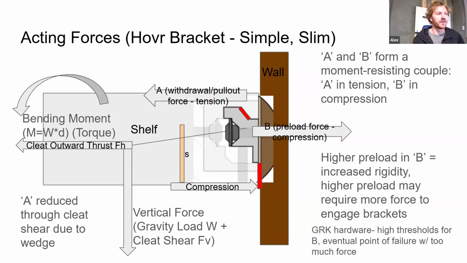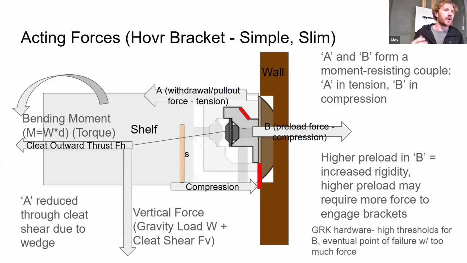And as you increase the preload force there, the compression of that male bracket, you will see a more rigid system, or a system that doesn't wiggle as much, right? What is required there is that a higher preload force may make it more difficult to get that shelf to sit in properly straight on the brackets. But once you do have it in, it provides a lot more rigidity, right?